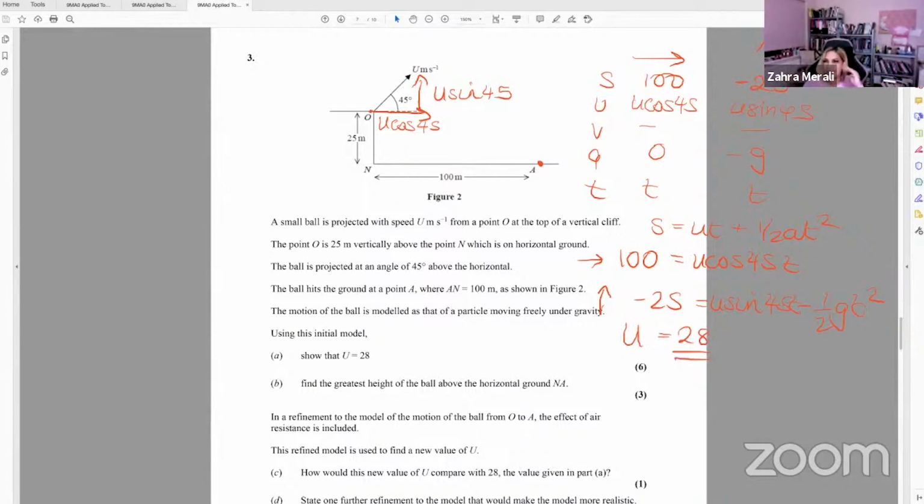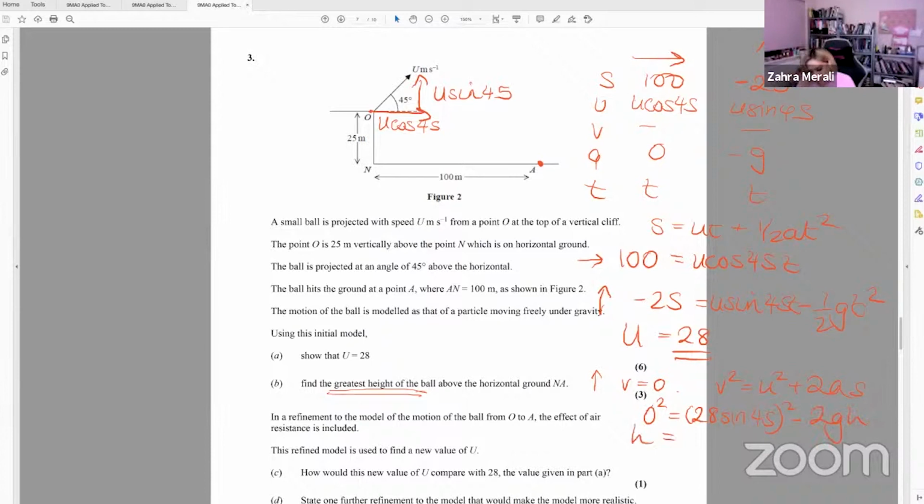The greatest height is going to be your vertical height, but it's when v equals 0. So you should remember that from your AS SUVAT. So your greatest height is when your vertical v equals 0. So we're going to use v squared equals u squared plus 2as. So 0 squared equals 28, which is what we just found, sine 45 squared minus 2gh.